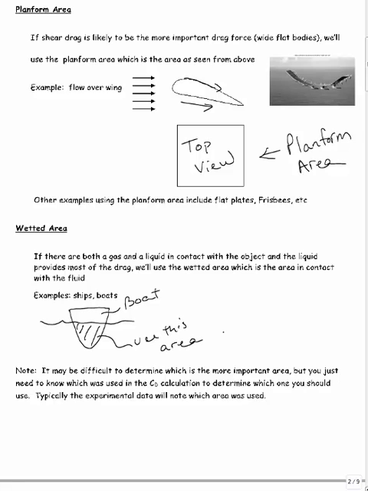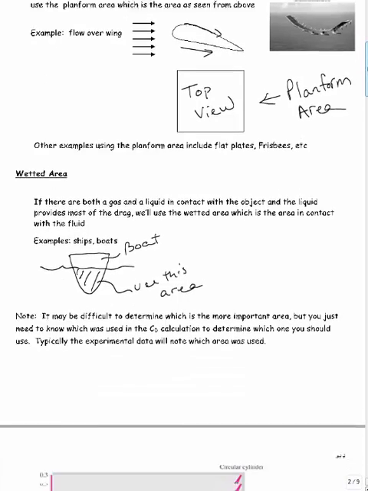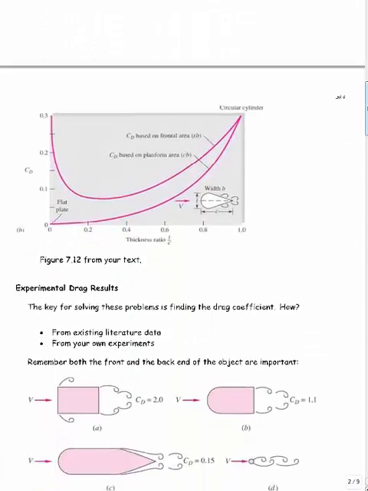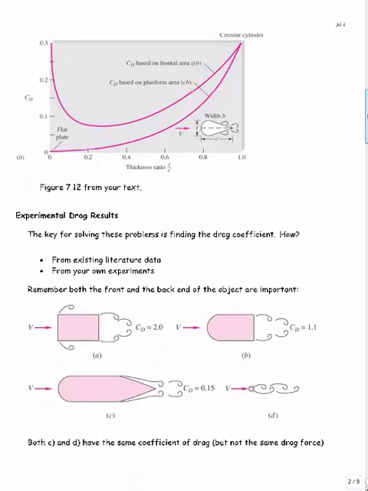These cases that I showed you were pretty obvious as far as what type of drag occurs in each case, but it's not always obvious. So you just need to know what area was used when the CD was calculated in order to know which one to use. A lot of times you can guess if it's obvious whether pressure or shear is most important, but sometimes you have to kind of guess. For instance, in this figure, this is an elongated cylinder, something like that.